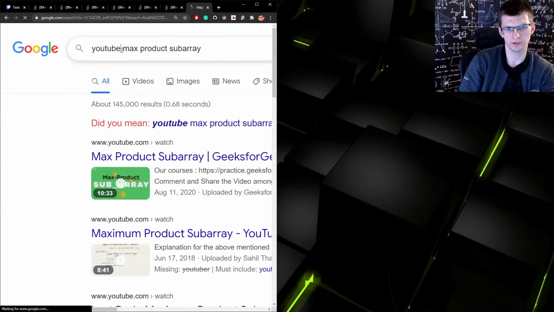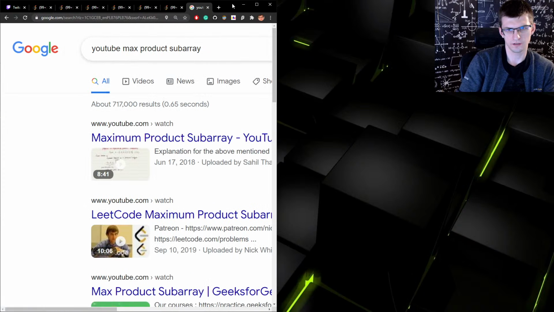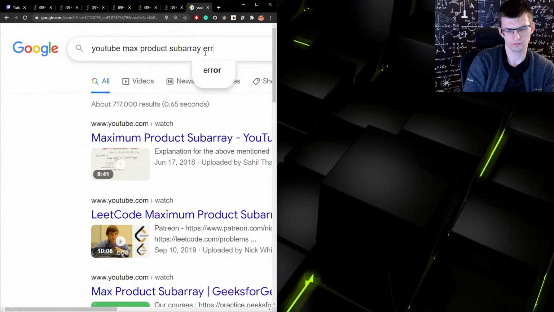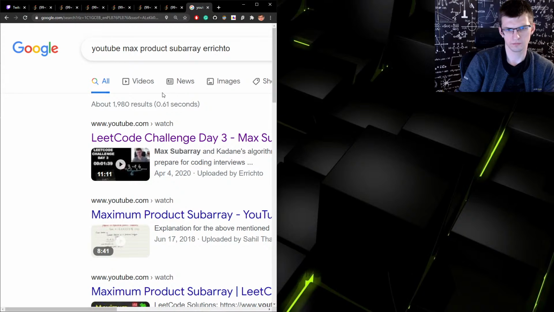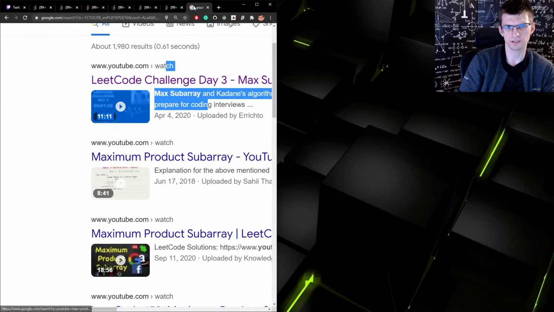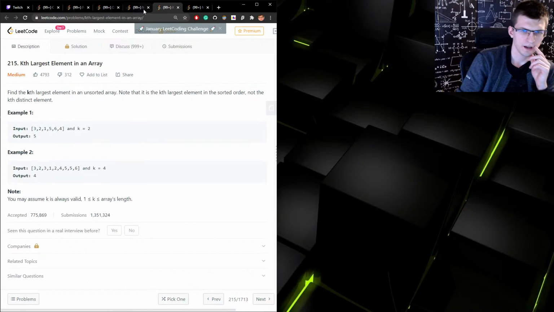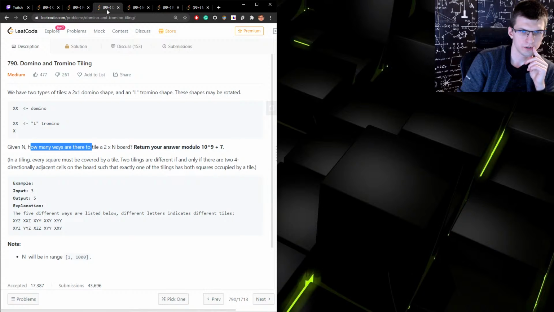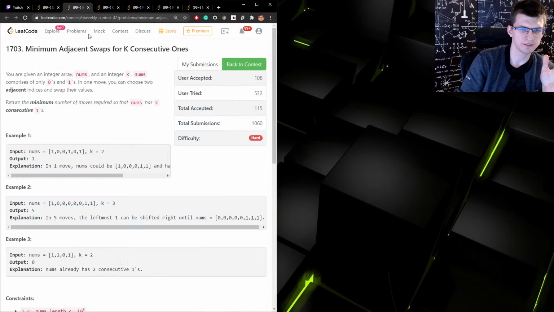Maybe not. That's a different problem. Anyway, I think we can do this one as something easy, and then next minimum adjacent swaps. That's the plan.